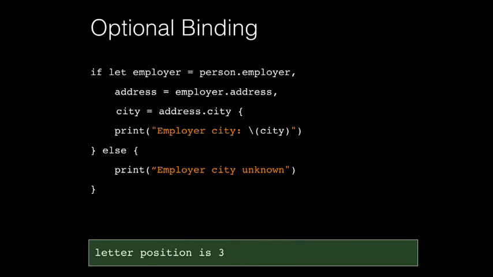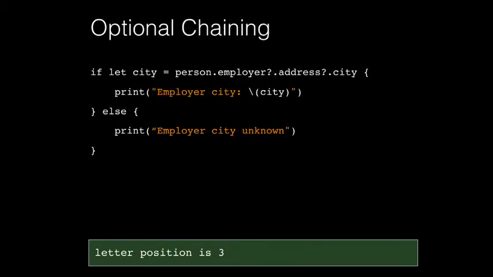However, a better way to achieve the same thing would be this. This is called optional chaining. This is coming to C# 6, something similar to this. With this syntax, we can say if the employer is not an optional, then evaluate the next part of the statement.